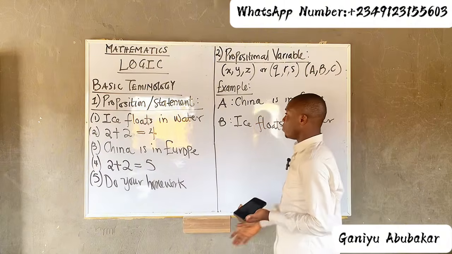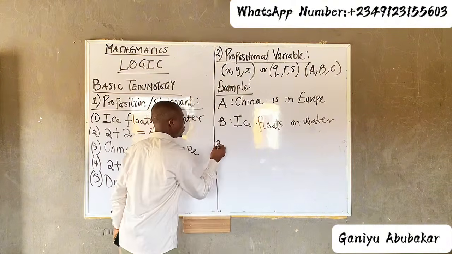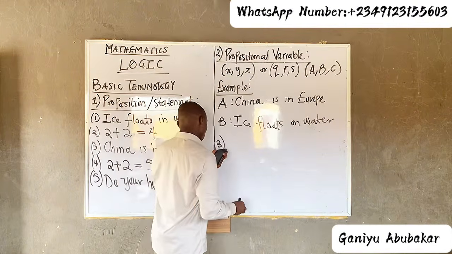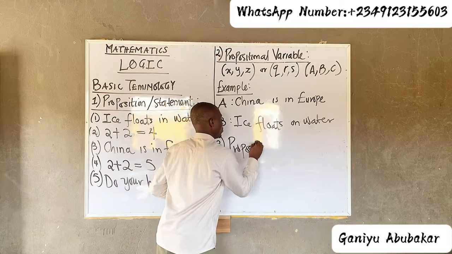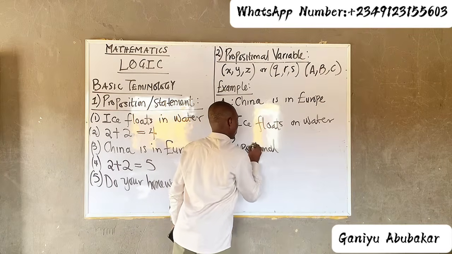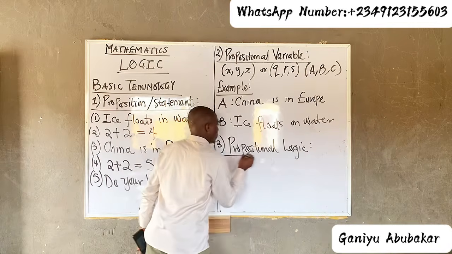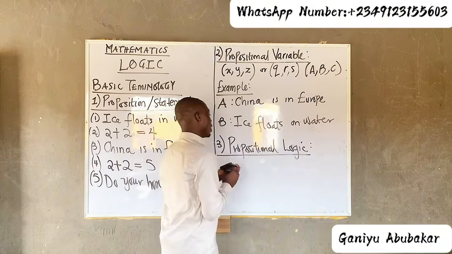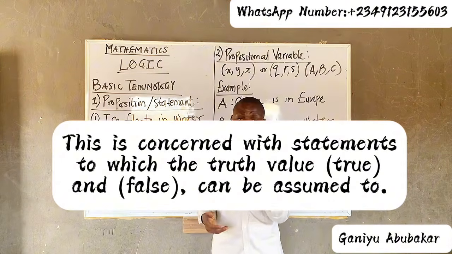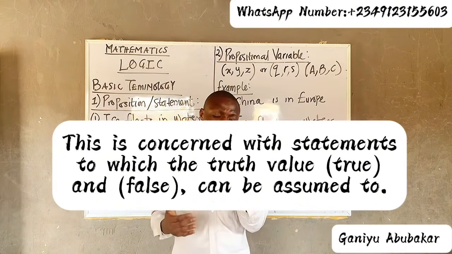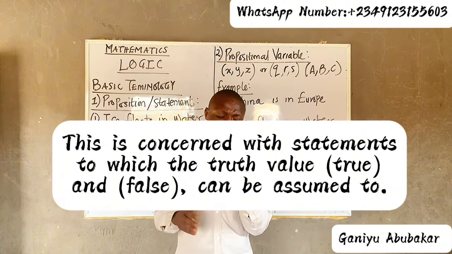So that's your second terminology. Let's look at the third one there, called propositional logic. Definition: this is concerned with statements to which the truth values, true and false, can be assigned.